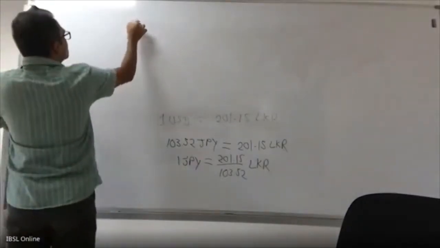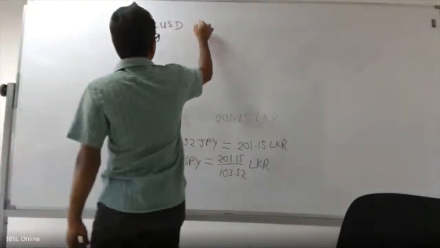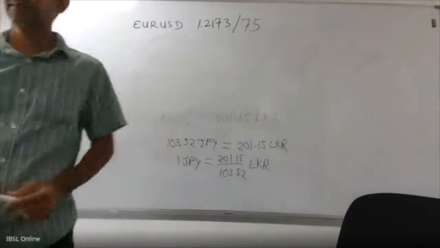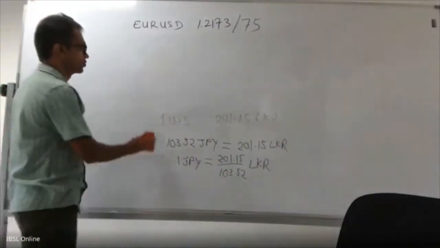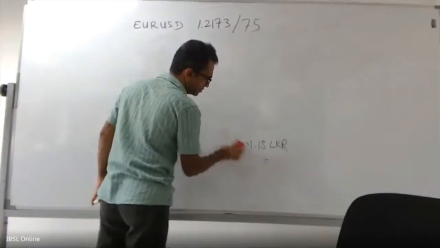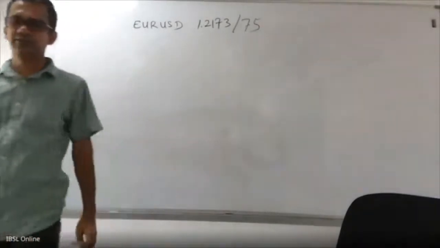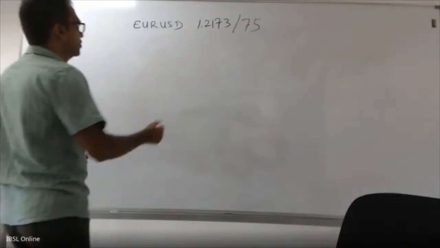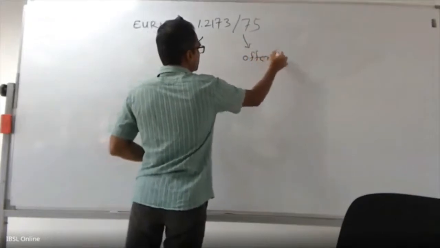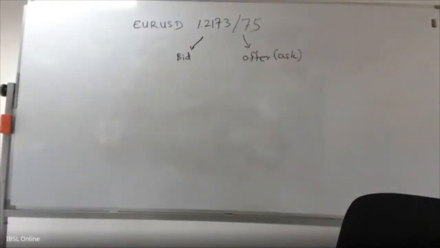You ask Euro USD, you might get something like this: 1.2173 and 1.2175. What are those? Why do you get 2 quotes, 2 exchange rates? Bid and offer, or bid and ask. So you get 2 quotes.